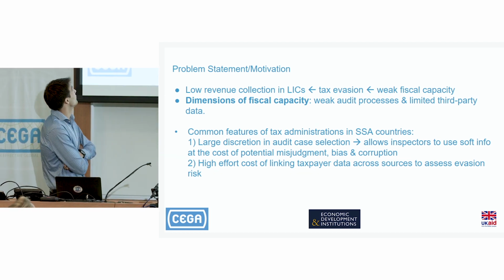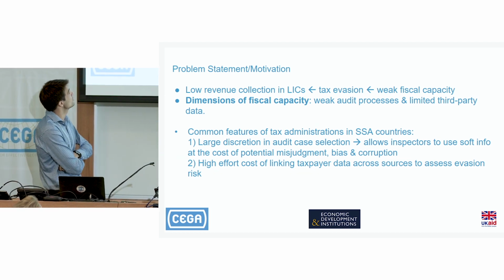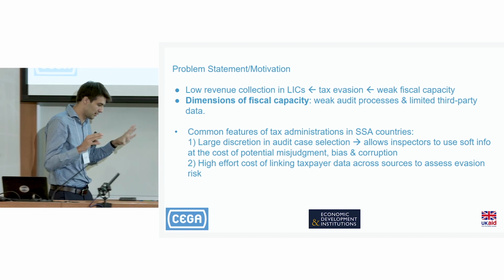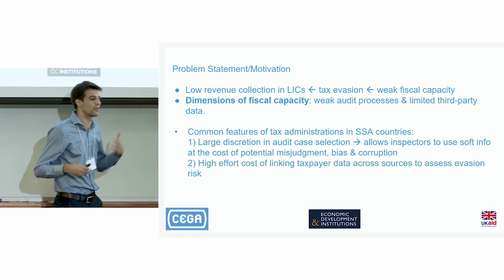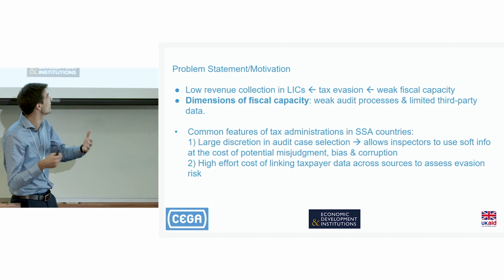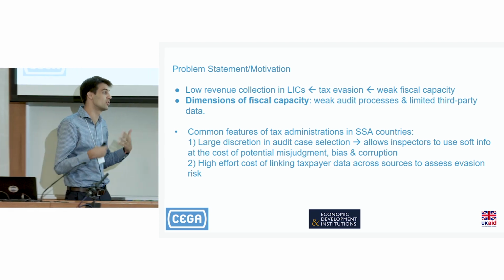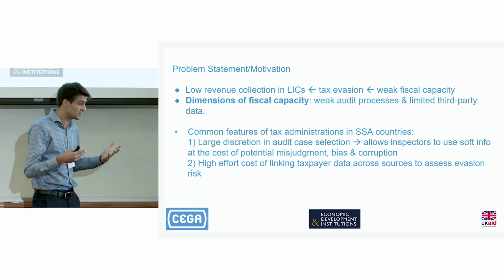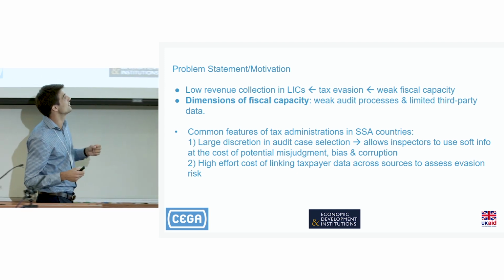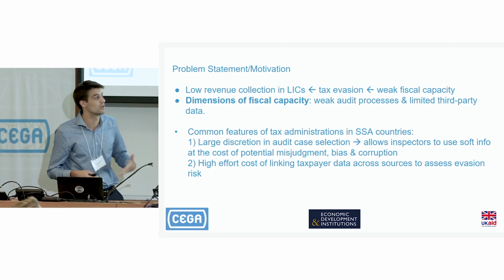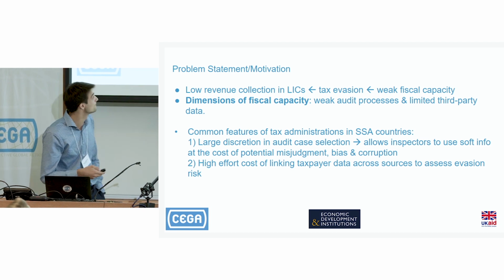A second feature linked to the third-party information is that even though typically different databases exist, for example, the customs, the corporate income tax, the value-added tax, it's very hard to link those sources. Sometimes because there's no unique identifier, sometimes because even though there is a unique identifier, for example, the customs won't give the data, or it's pretty hard to do those measures.